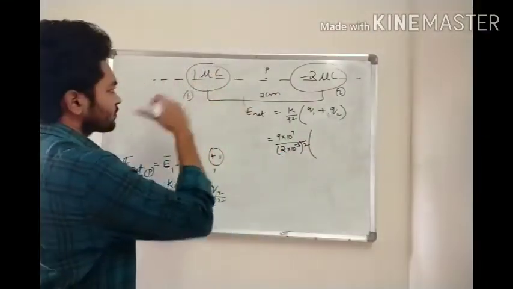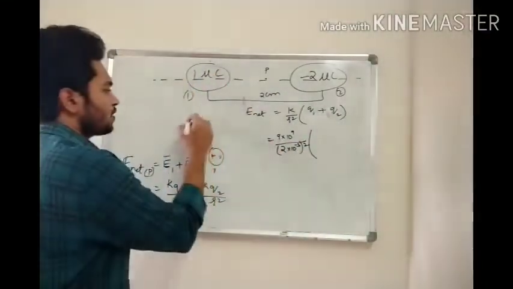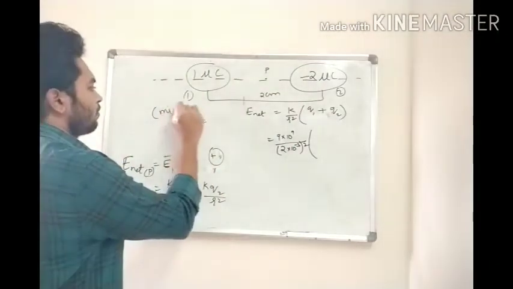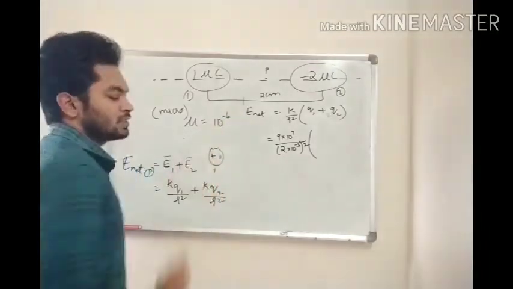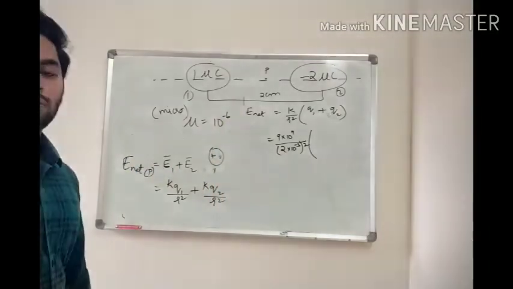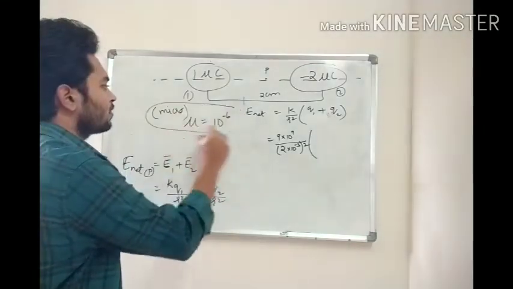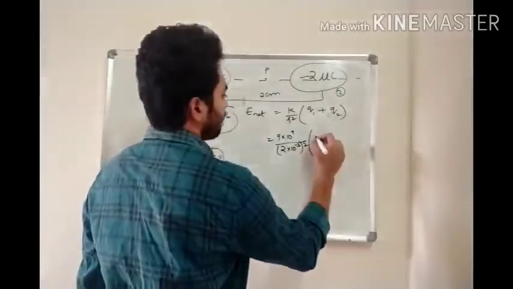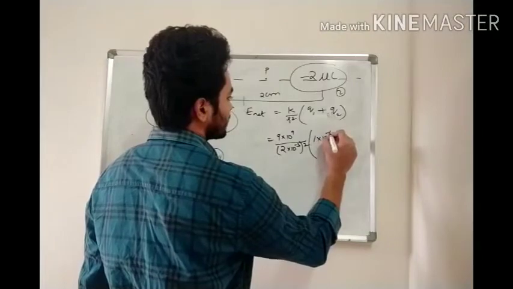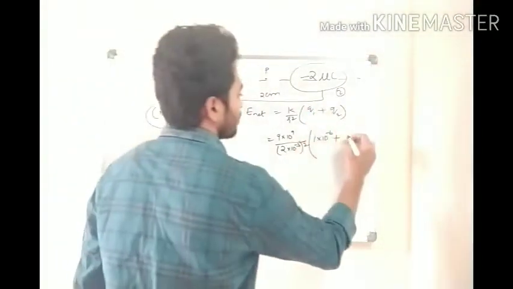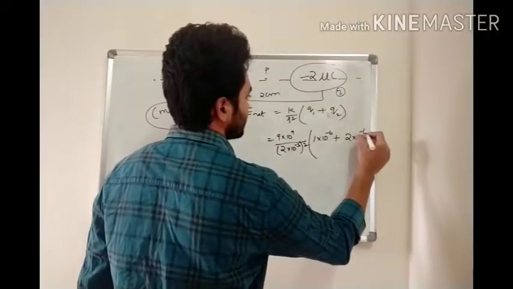What is Q1? 1 micro. Micro means 10 power minus 6. This you should remember, micro, nano, all these terms you have to remember. So 1 into 10 power minus 6 plus 2 into 10 power minus 6 coulomb.